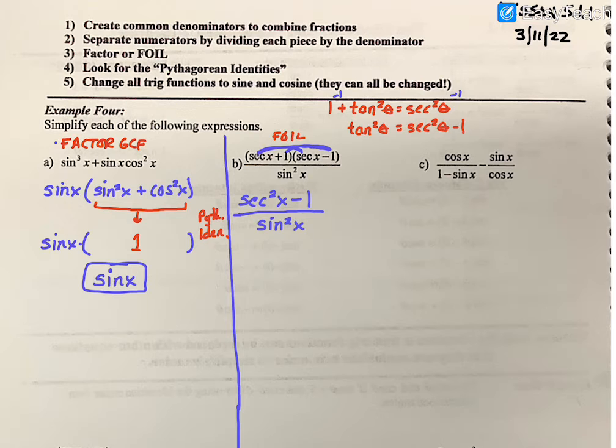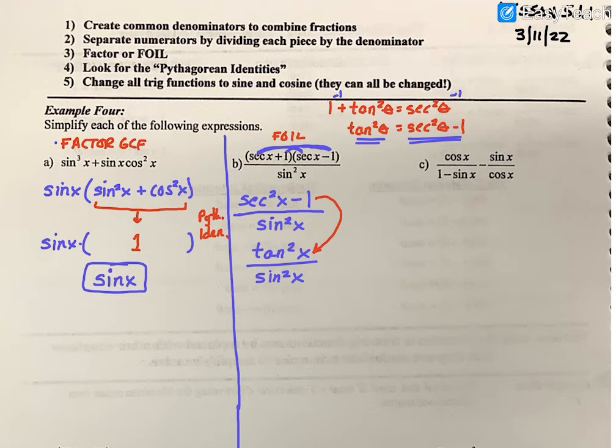So wherever I see secant squared theta minus 1, I can replace it with tangent squared theta. So right here on top, I have secant squared x minus 1. I'm going to replace it with tangent squared x. Still going to be divided by sine squared x. Let me comment while I forget: x is a variable, theta is a variable.